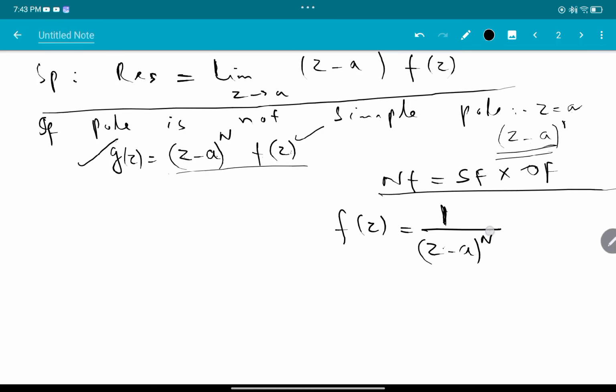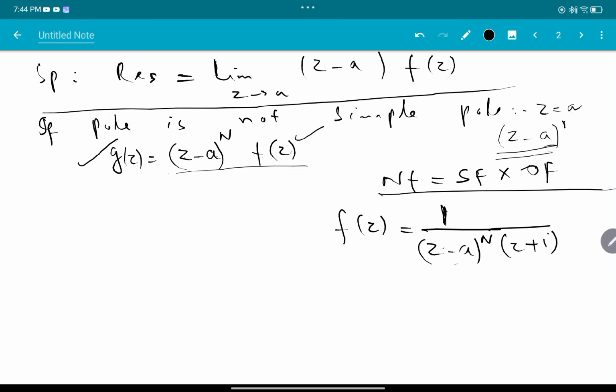It may have something else, and in most cases it will, say (z plus i), for example, a factor like this. Now, if f(z) is this, when you multiply f(z) by this singularity factor, it is removed, completely removed.